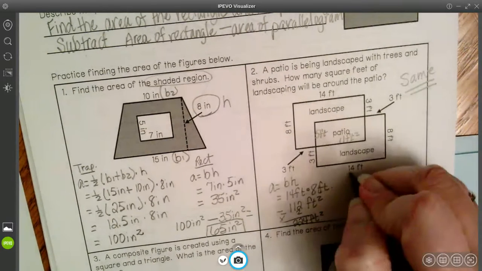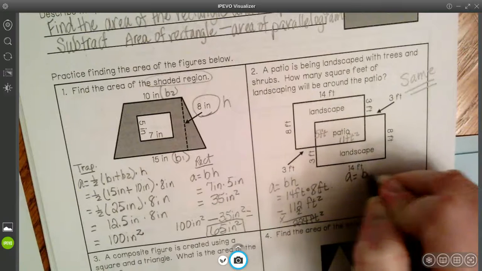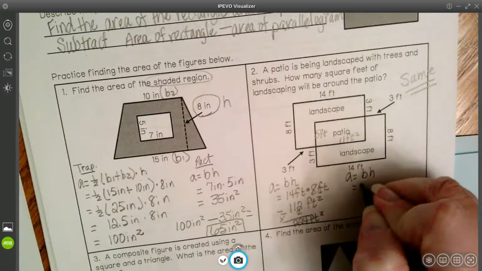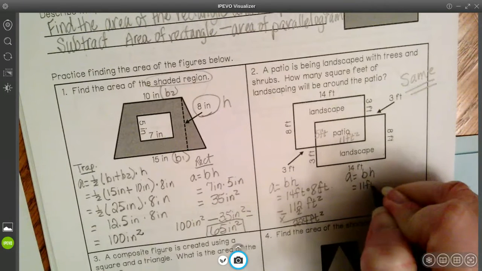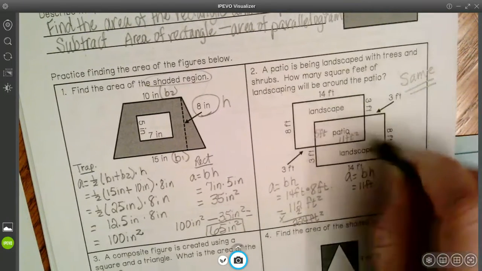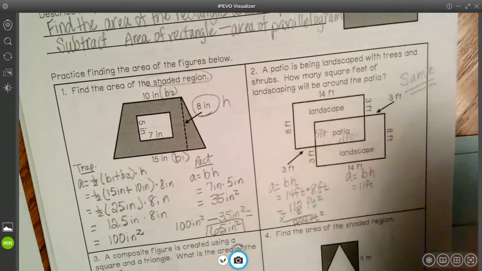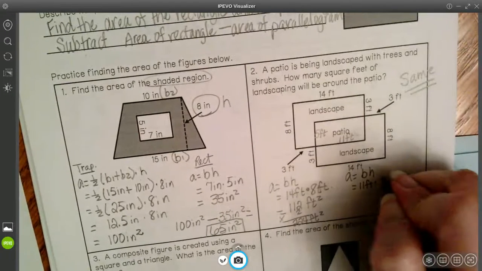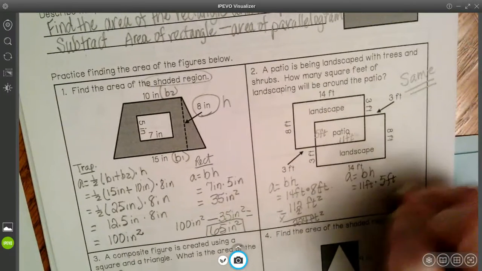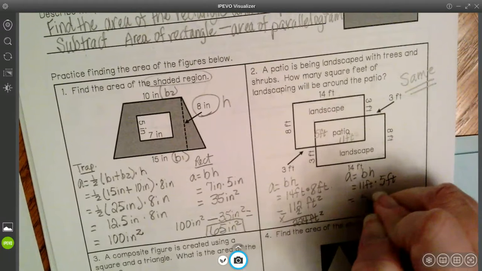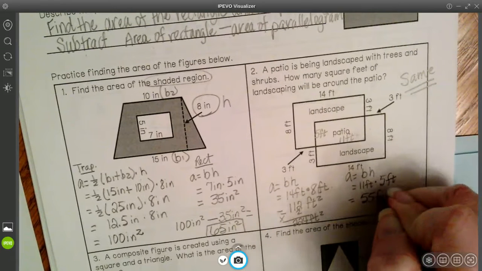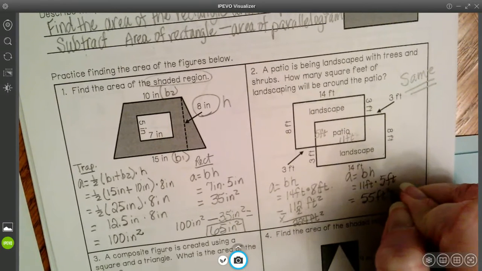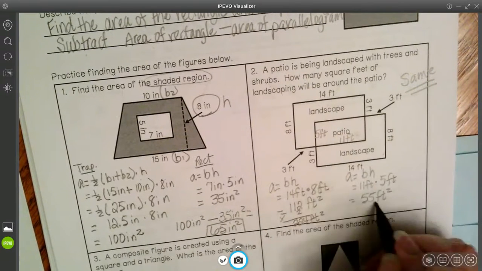Okay, so let's find that. Area equals base times height equals 11 feet times 5 feet. And 11 times 5 is 55. Feet times feet is feet squared. And now we're going to subtract these two.